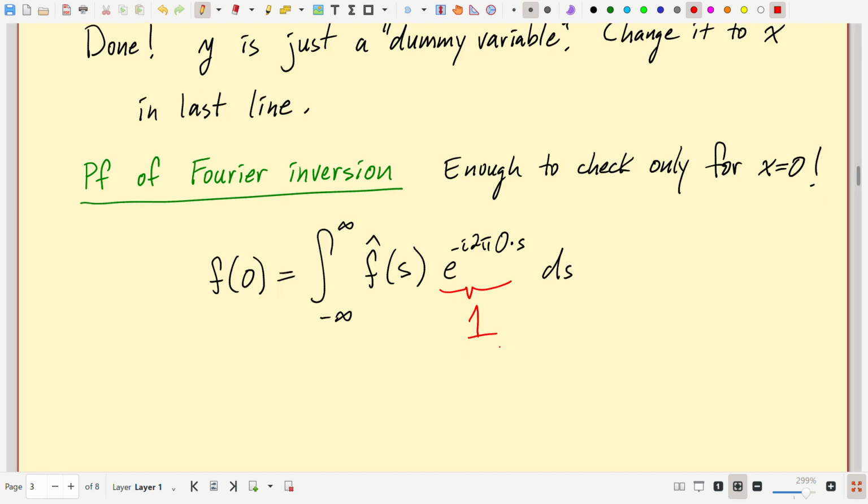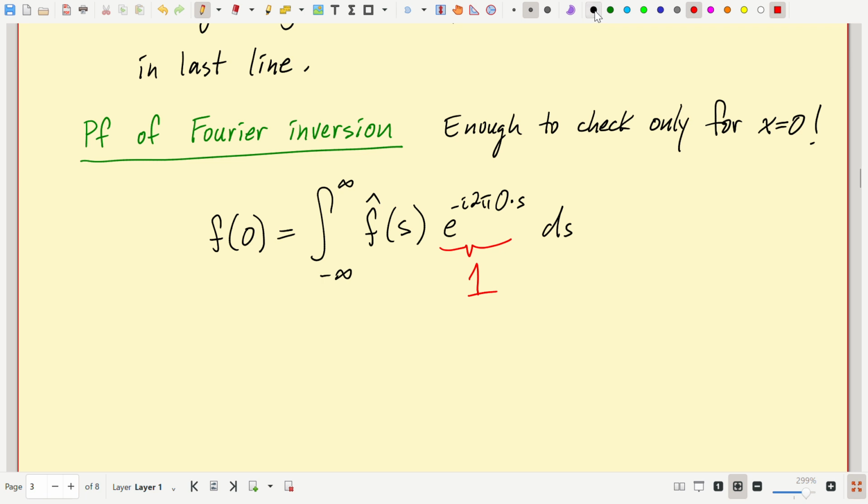And so Fourier inversion is only the fact that f of 0 equals the integral of the Fourier transform. It's that easy.